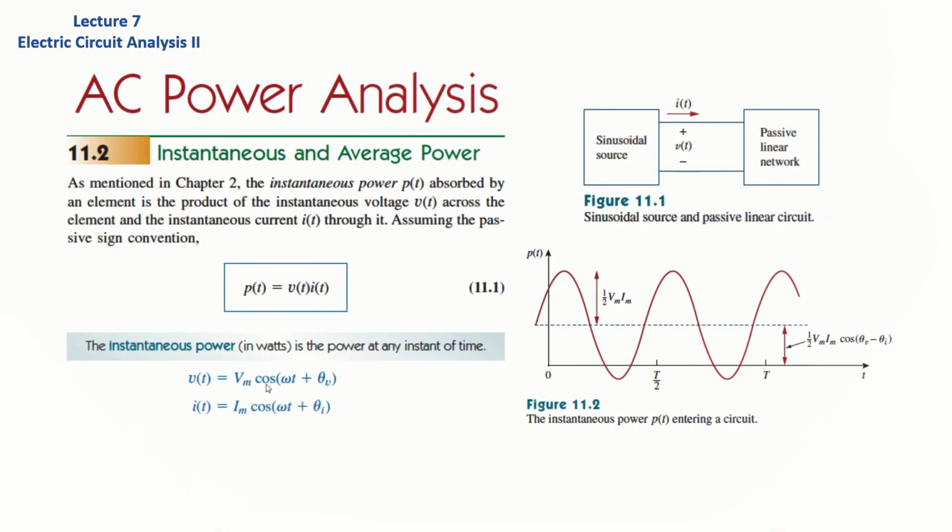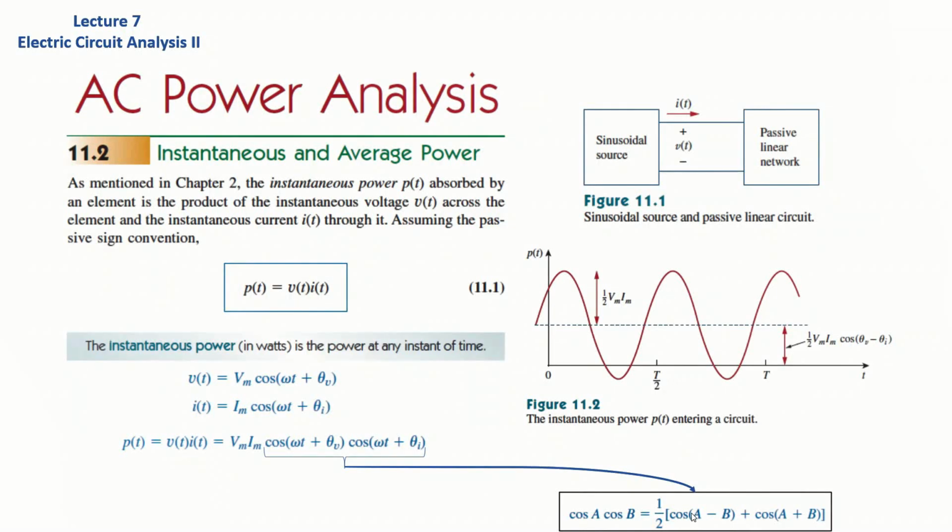When we put these sinusoids in this expression, we get Vm Im on the outside, and then a multiplication of two cosine functions.